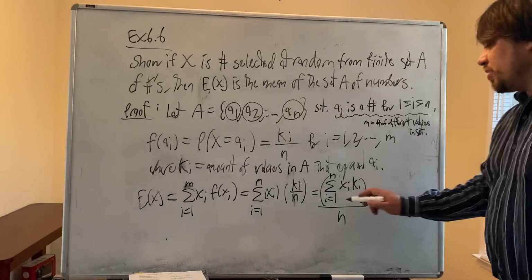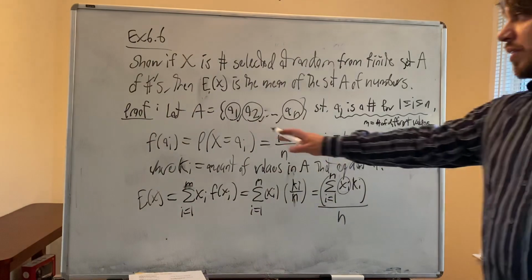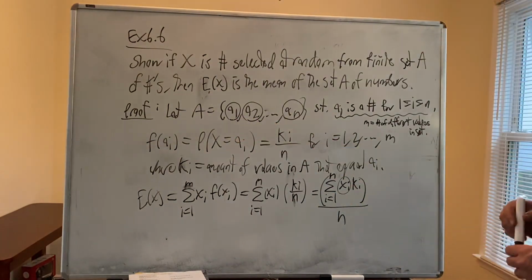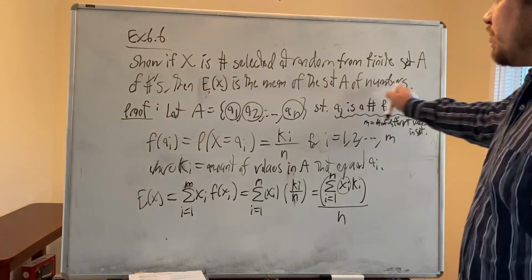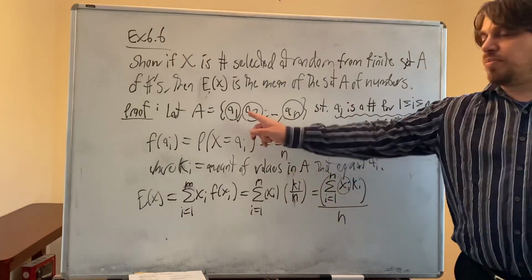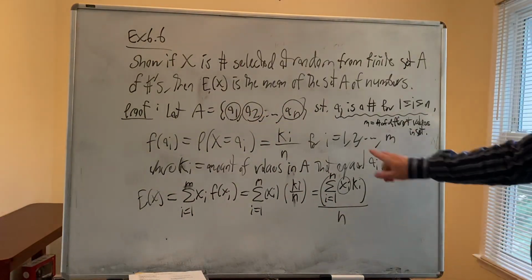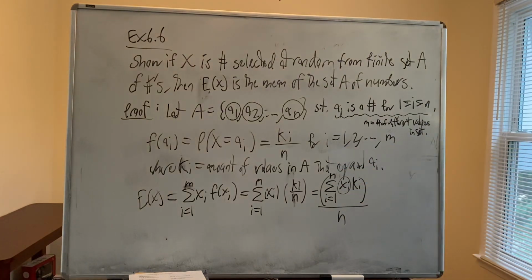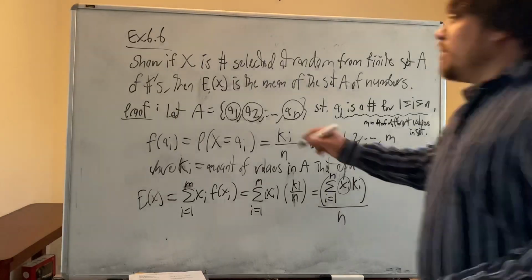So the possible values of x sub i are one of the a's. Right, x is a number selected at random from the finite set capital A of numbers. So the possible values of x sub i are from here. It's the first m of them that are different, and the rest of them are the same as those. Let me explain what I mean.